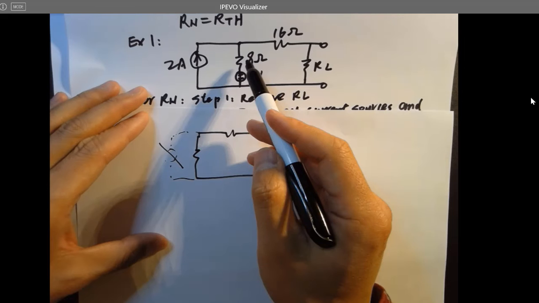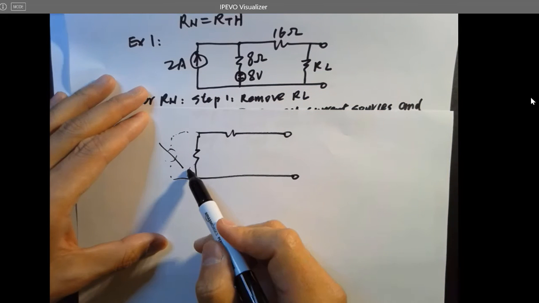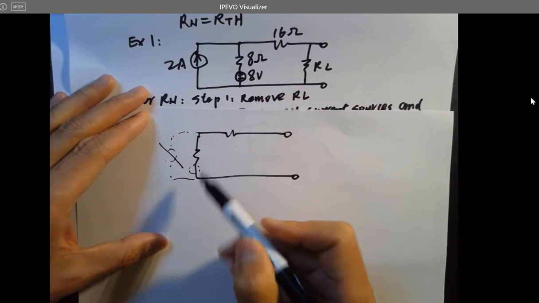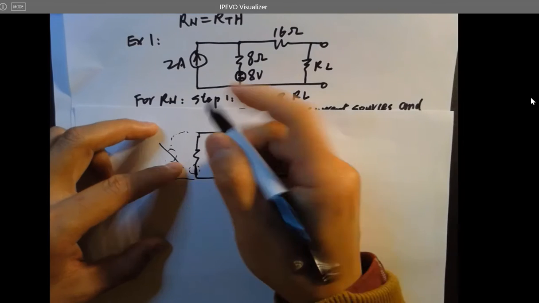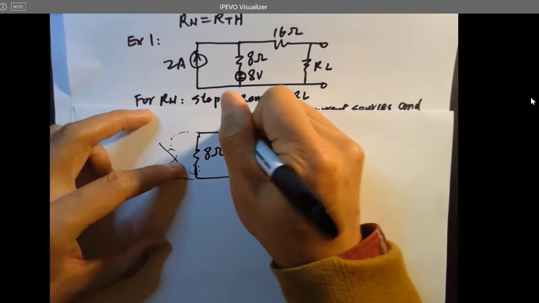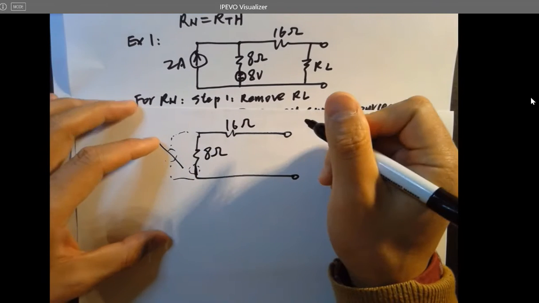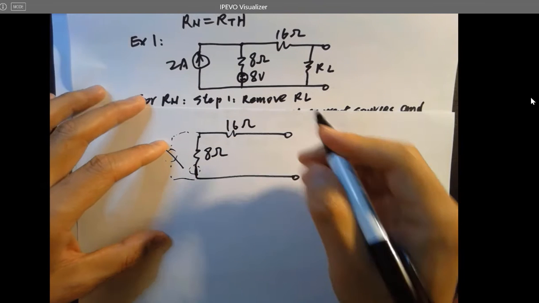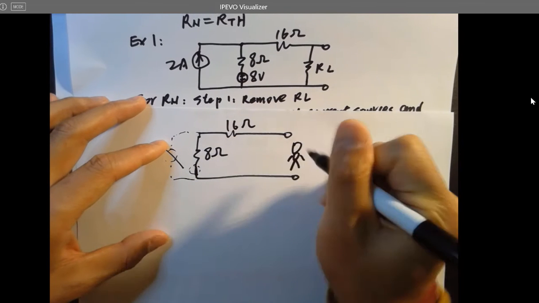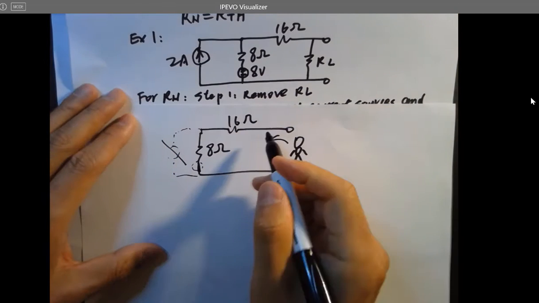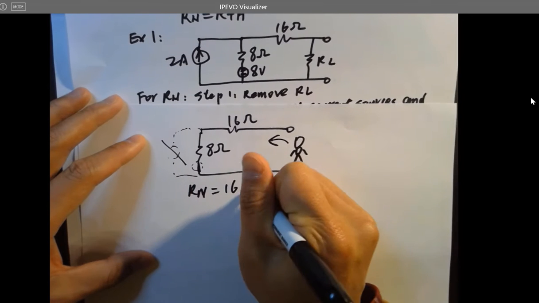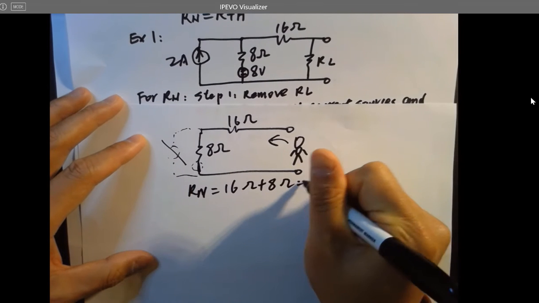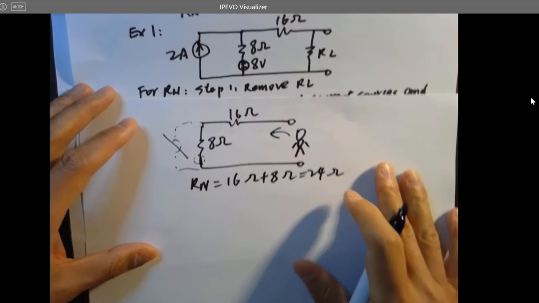And this one used to have a voltage source, but because it's shorted, it becomes a wire. So I have an 8 ohm resistor and a 16 ohm resistor, and RL is removed. It's just like you are looking backwards from the terminals. So what's the equivalent resistance? It's pretty simple. Rn equals 16 ohms plus 8 ohms, which is 24 ohms.